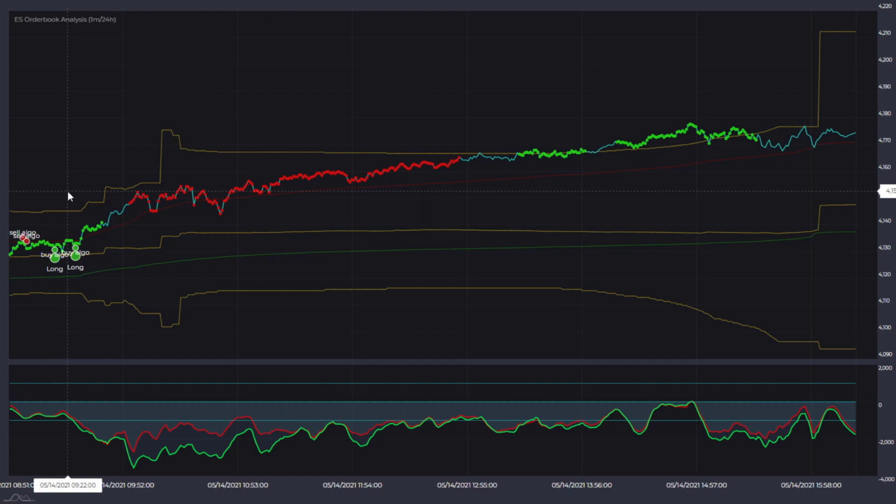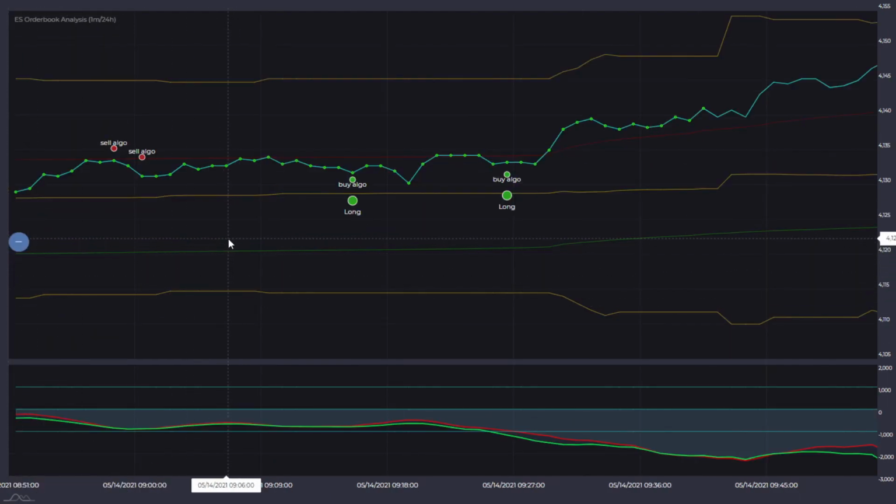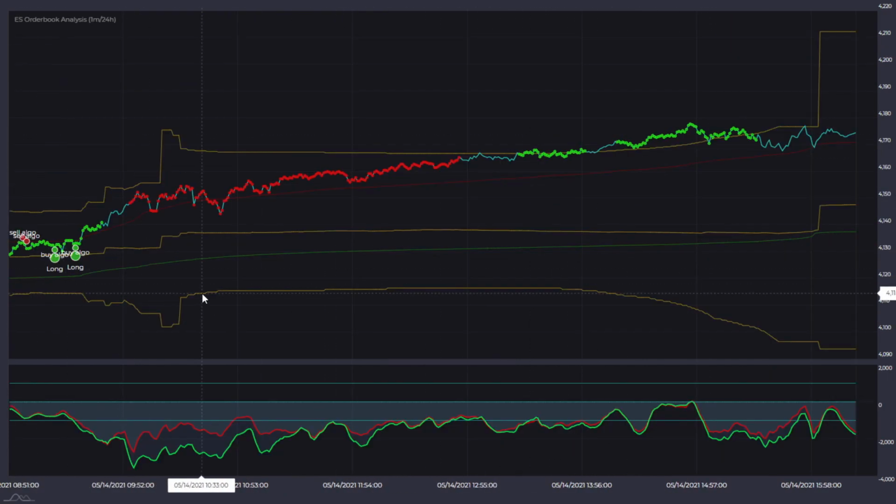And there is usually a lot more going on in the last 2 hours of the overnight session, and you will see a lot more algorithm activity there.